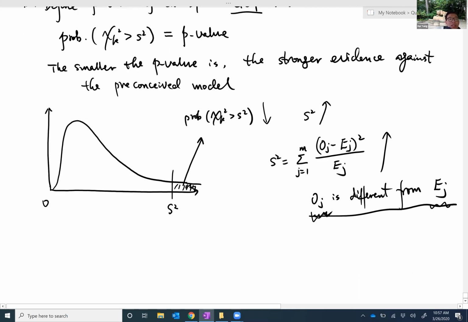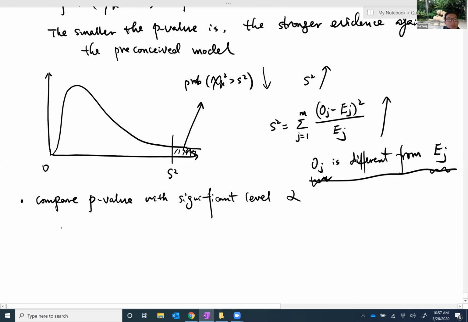Now, p-value, how to use the p-value. We are going to compare the p-value with the significance level alpha.